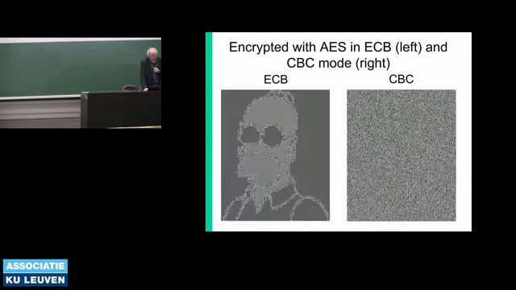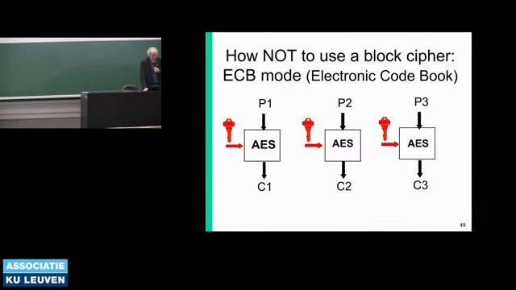By the way, ECB mode is a standard, and so what happens is that sometimes some industry sector, say the electricity sector, says, oh, we need security. Then they take an engineer and they say, you should encrypt this. The engineer takes a textbook of cryptography and he looks, oh, section block ciphers, modes. He takes the first mode, which is ECB mode, and then he implements that. There are lots of standards.